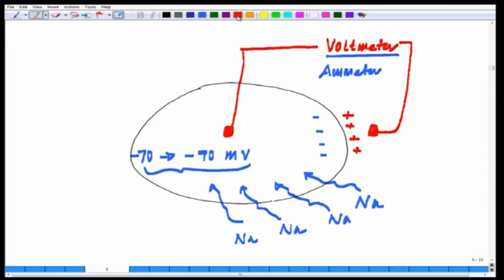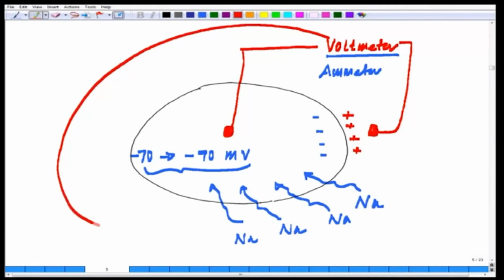And indirectly, because of this, what you actually measure is the change in voltage. That's what you exactly measure.